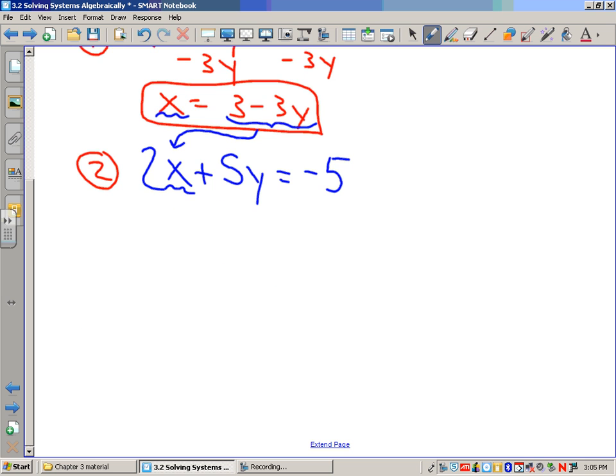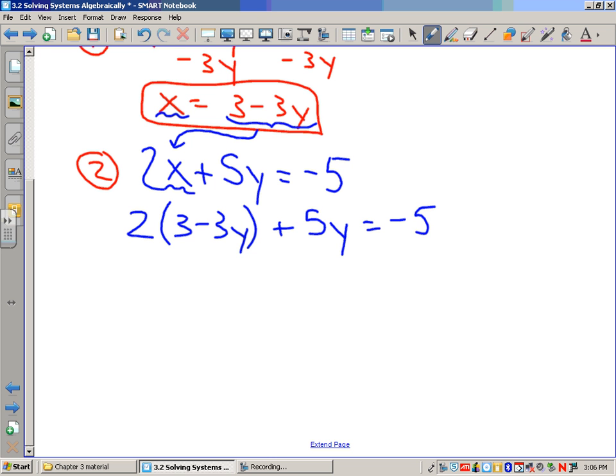You will need to put parentheses around that quantity. So 2 times (3 minus 3y). It's taking the place of the x. You do not write the x. You write 3 minus 3y. Then write the rest, plus 5y equals negative 5.